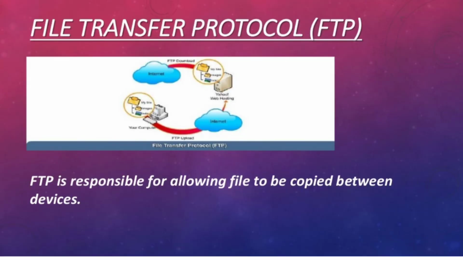The next protocol is called FTP, File Transfer Protocol, which is basically used for downloading or uploading contents. Downloading is when you download some contents from the server computer to your computer. You can see there is a Yahoo server here.